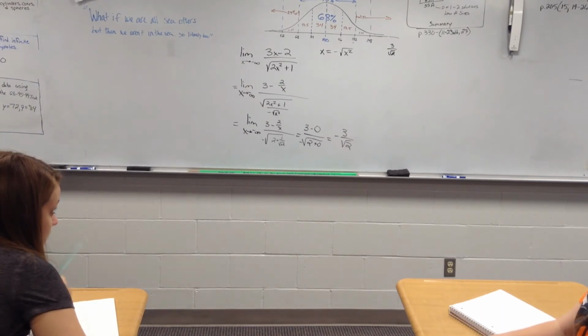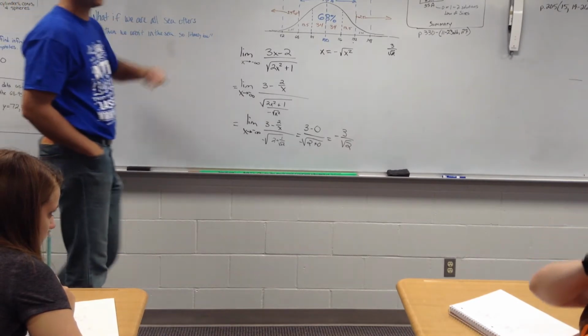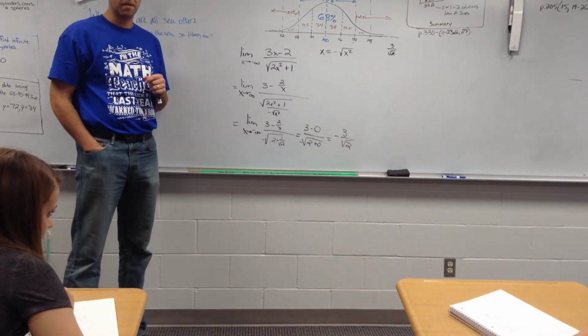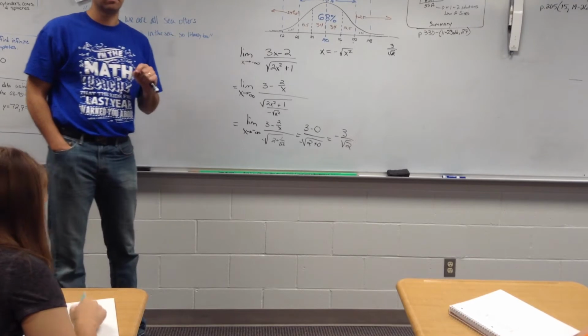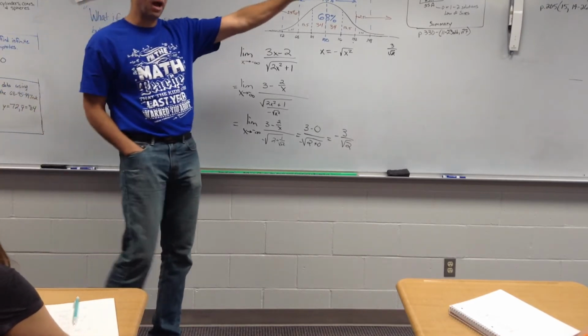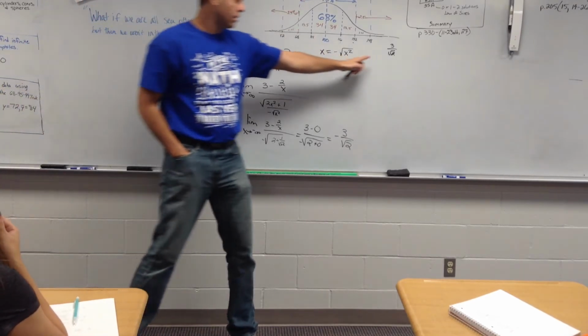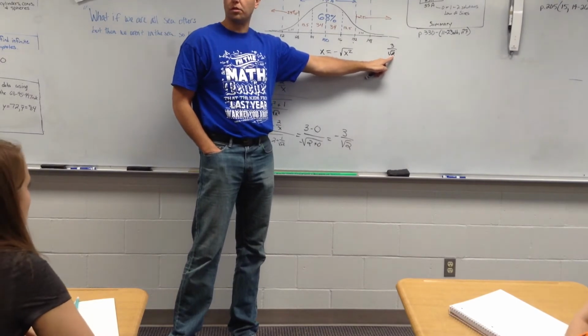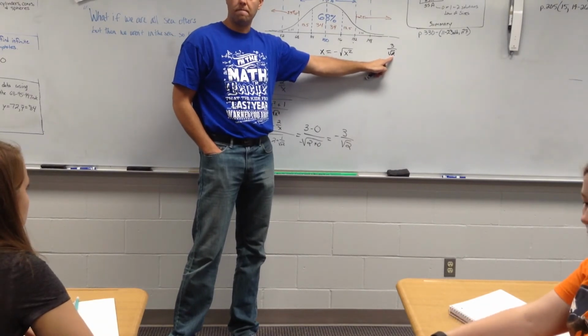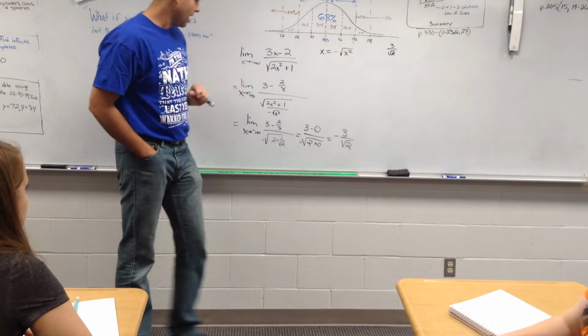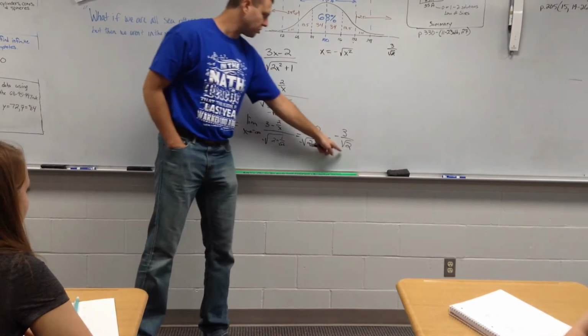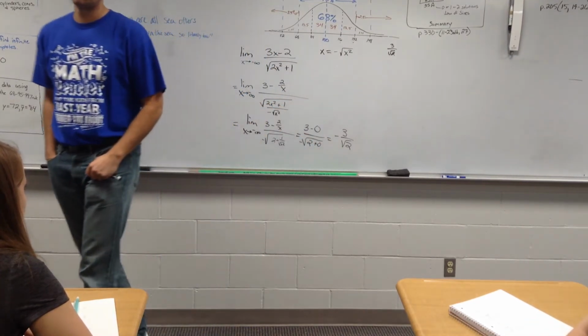Yep. So this is actually a little bit different. This function has 2 horizontal asymptotes. Okay? And it's different. As you go way to the right, remember, the graph was approaching 3 over root 2. Okay? But as you go way to the left, the graph is approaching negative 3 over root 2.